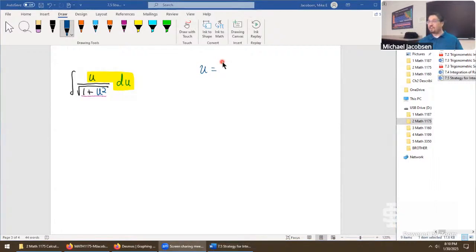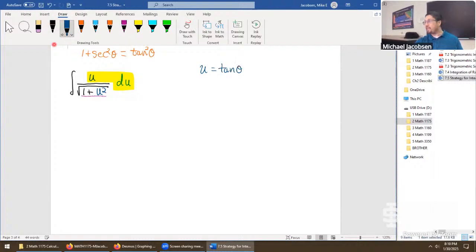It is a tangent, good call. Reason this one ought to be a tangent is we have the identity 1 plus tangent squared theta equals secant squared theta. This is the core identity that makes our substitution work. And this left-hand side feels a lot like that right there. So we'll pick u equals tangent theta.